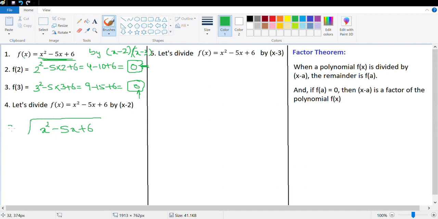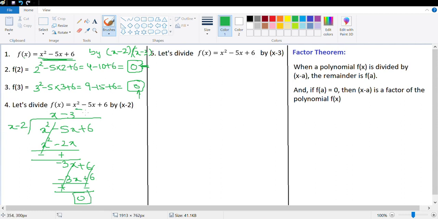So divided by x minus 2, that gives me x square minus 2x. Let's subtract. X square gets cancelled. That's negative 3x plus 6. I multiply it with negative 3 and I get negative 3x plus 6. Sign changes and this is 0. That's exactly what we had predicted. If we were to divide x square minus 5x plus 6 by x minus 2, our remainder would be 0.